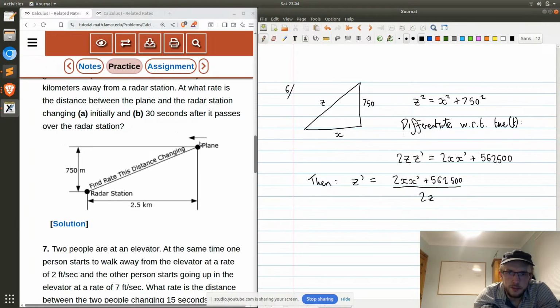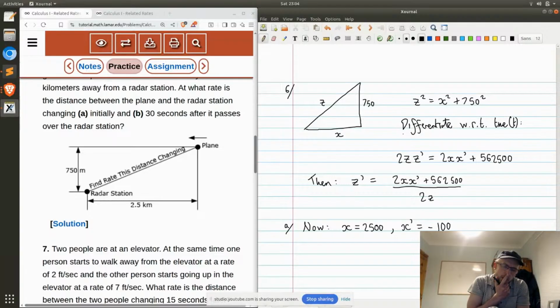And we want z prime. For part A, we say x equals 2,500. x prime, negative 100.